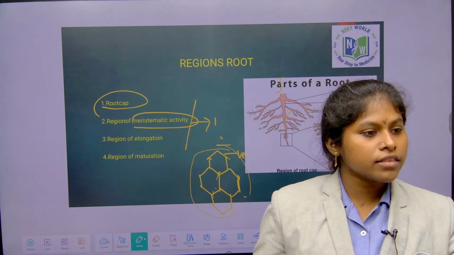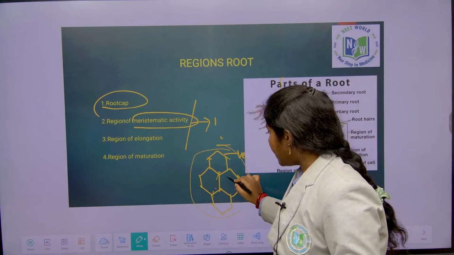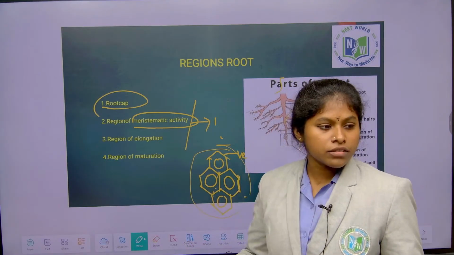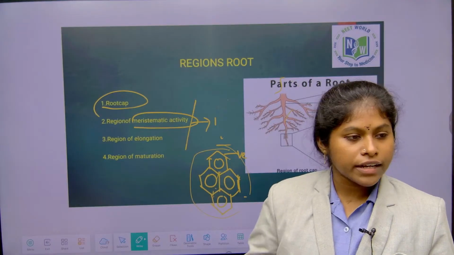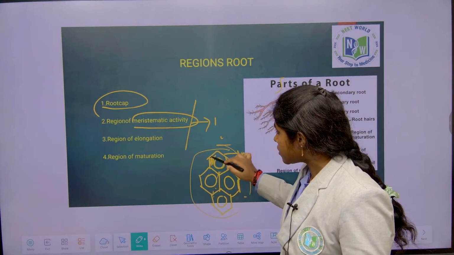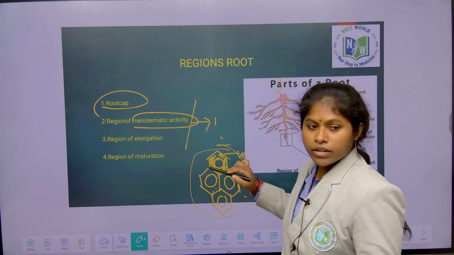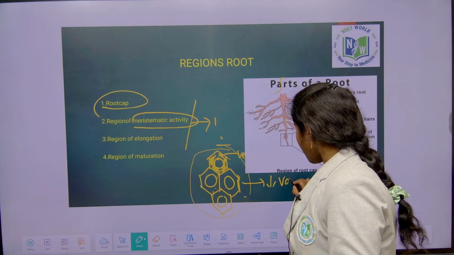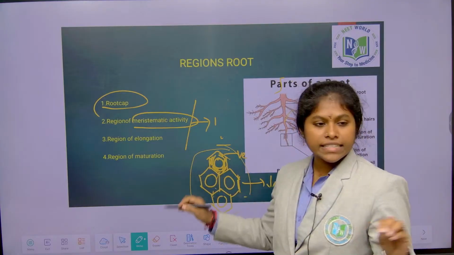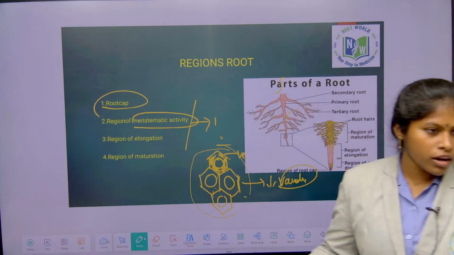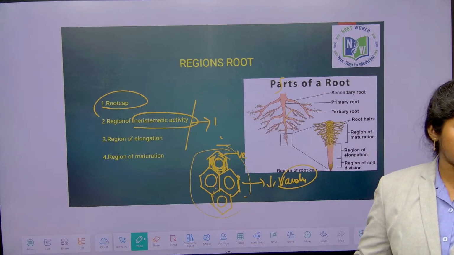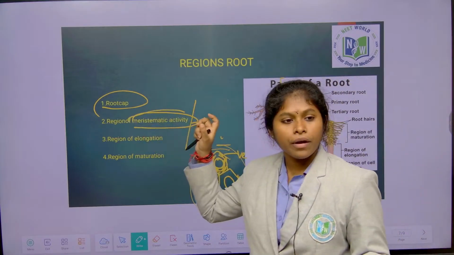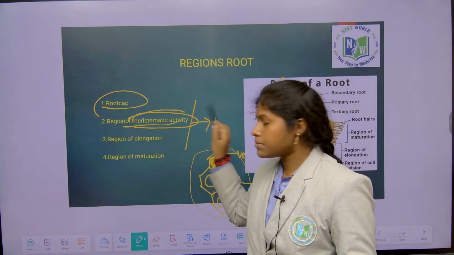That is why the cell wall is very thin, and they have a prominent nucleus, since by division the nucleus also has to divide, and dense cytoplasm. There are no vacuoles. So these are small cells with a thin cell wall, prominent nucleus and dense cytoplasm, because they are actively dividing cells. They are present in the region of meristematic activity, which is why it is given that name.